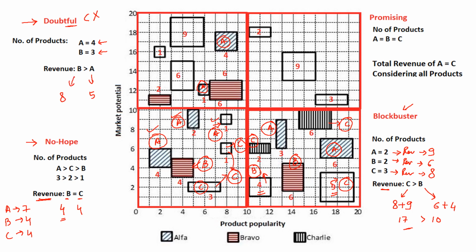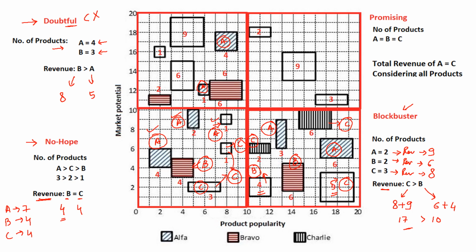Now we have to allocate these empty boxes such that B should be greater than A in terms of revenue, and we also have to keep in mind that the number of products for A should be 4, not more than 4, and B should be 3.